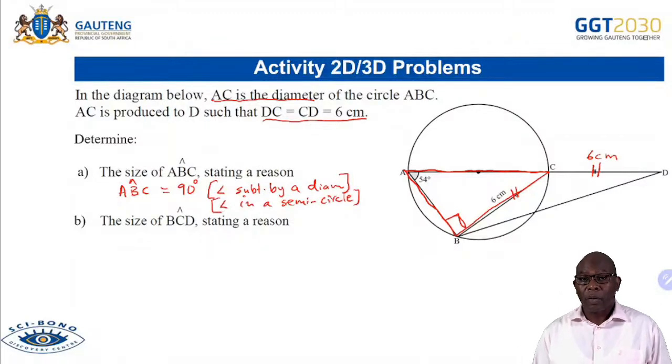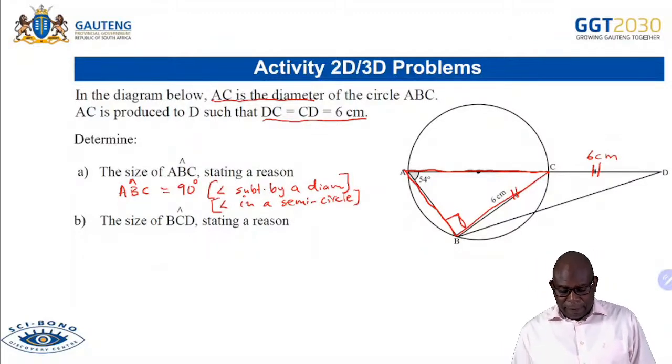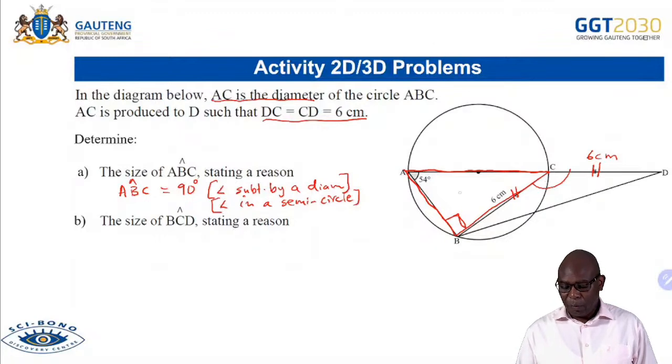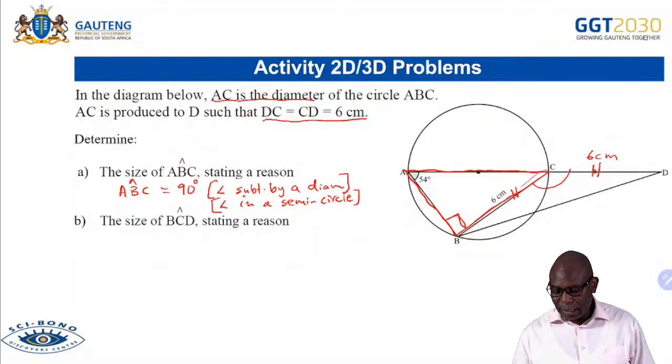Right. The next one says the size of BCD. They're talking about that angle. But what do I know about this angle in this triangle here? I already see that that angle is an exterior angle of a triangle, meaning that this triangle here is extended there in that angle.